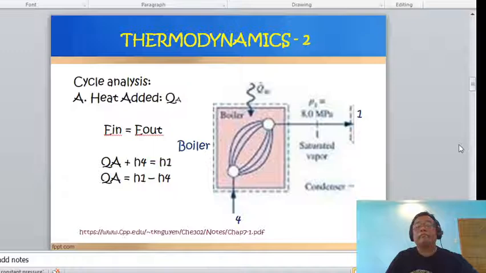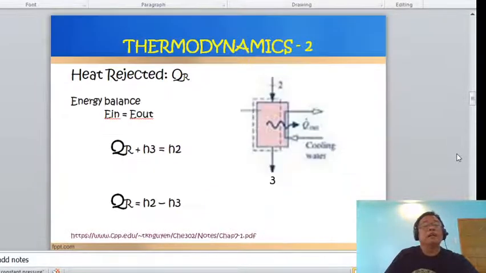Okay? Next, another, class, is the heat rejected in the condenser. Again, class, the analysis is only energy in equals energy out always.